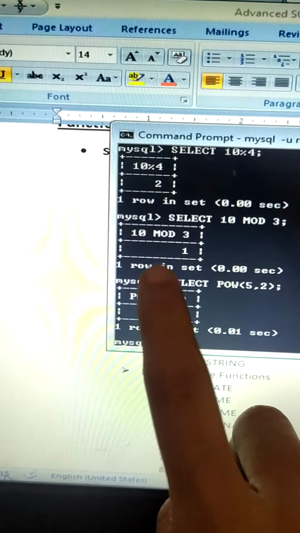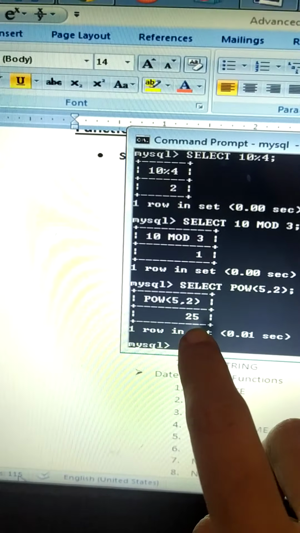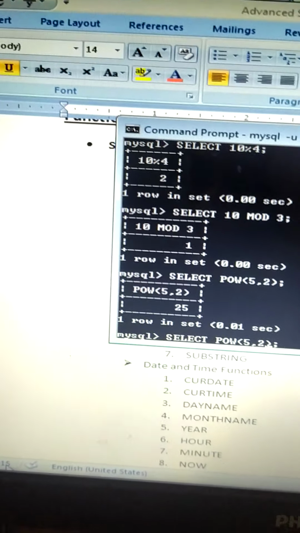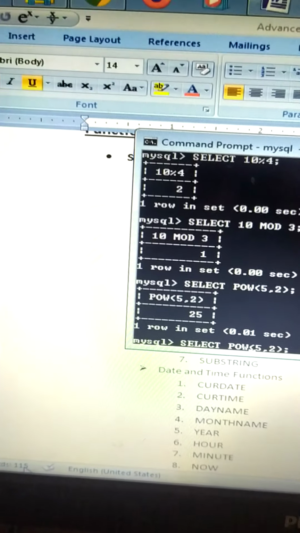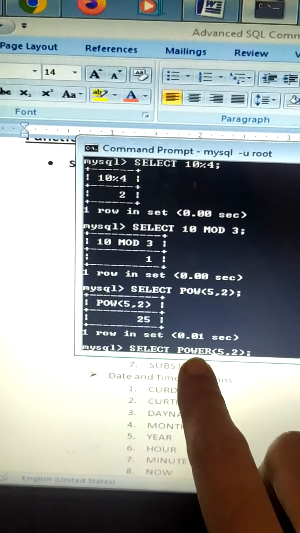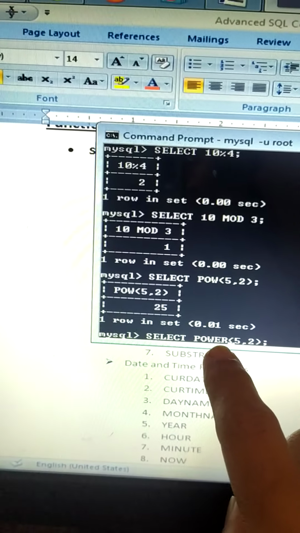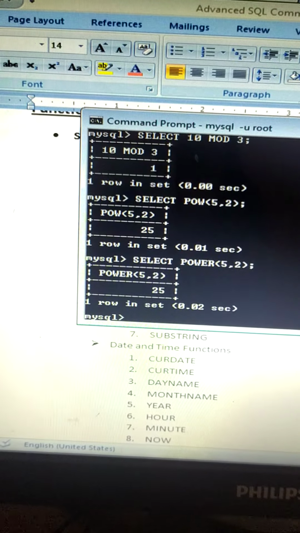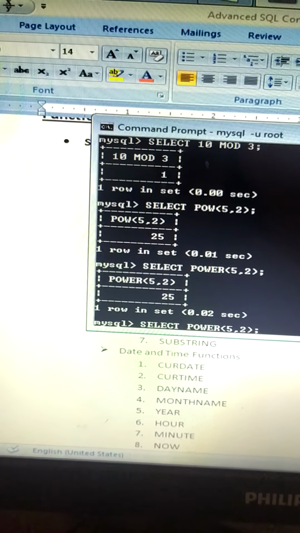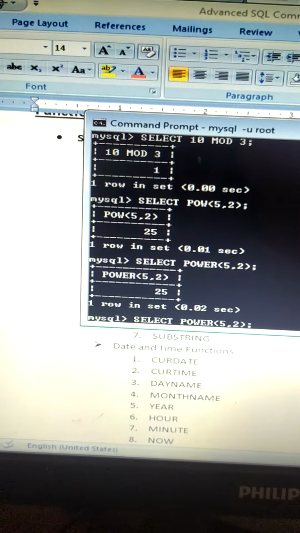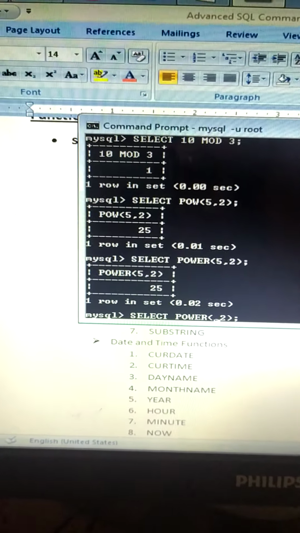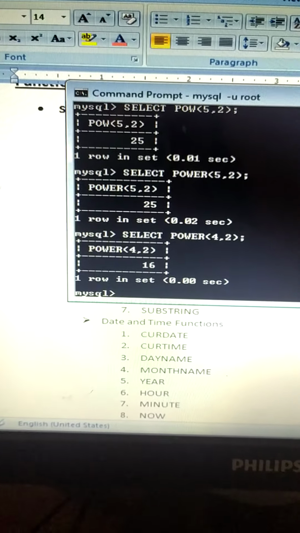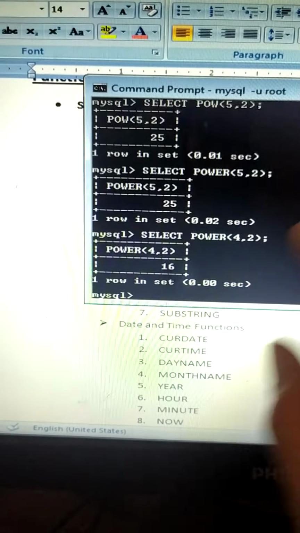This means 5 raised to 2, that is 25. We can use POW or else POWER, any of these queries. Let us see some other example. Suppose 4 raised to 2, that is 4 squared. So it will be 16.